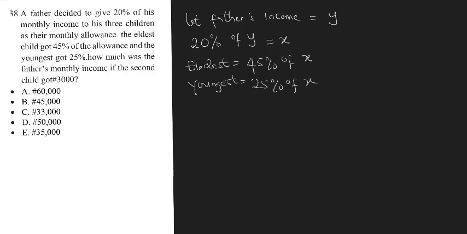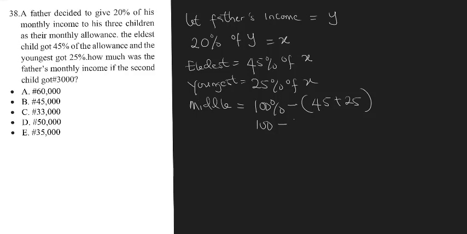So the middle son will get 100% minus 45% plus 25%.